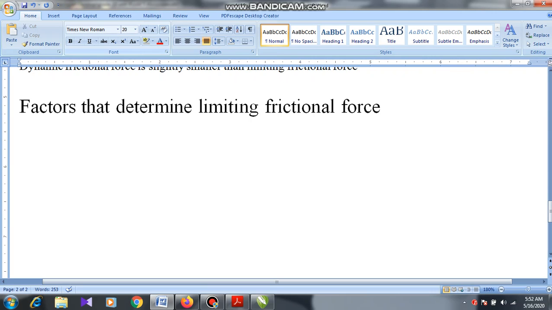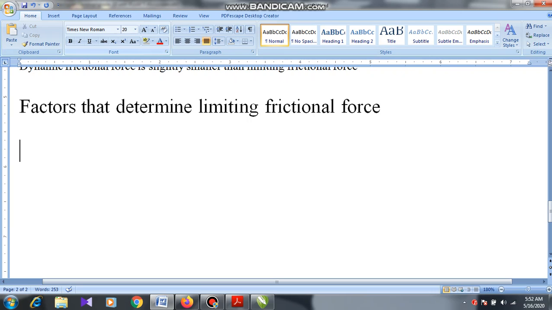If the limiting frictional force is greater, then the difficulty of moving is also greater, because you have to apply a force more than the limiting frictional force to move an object, otherwise it will not move.